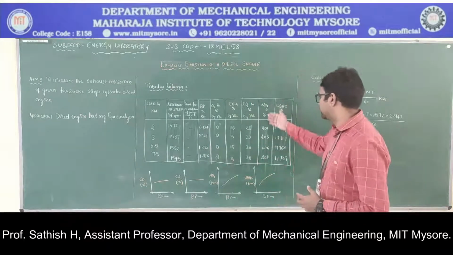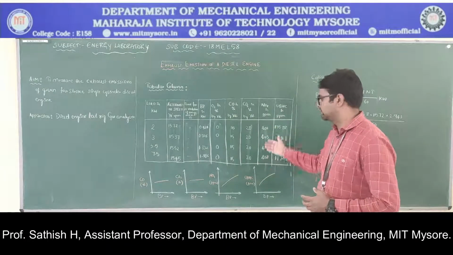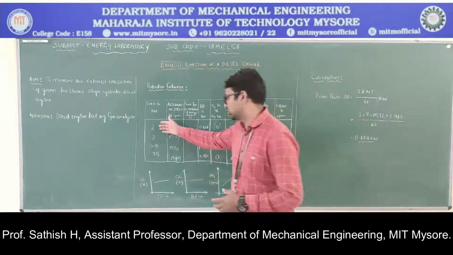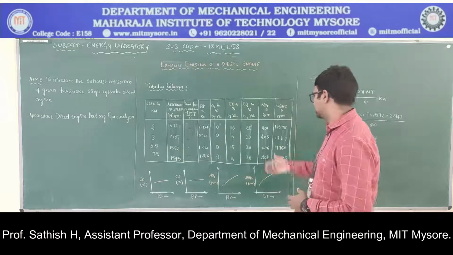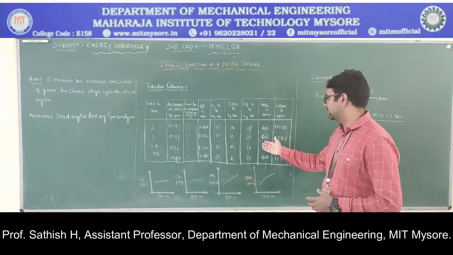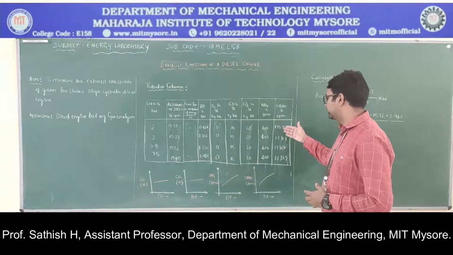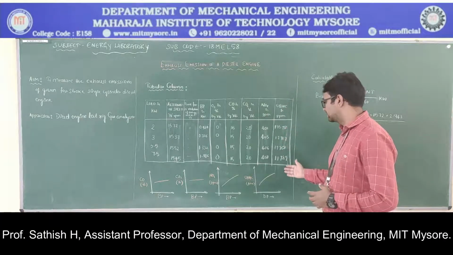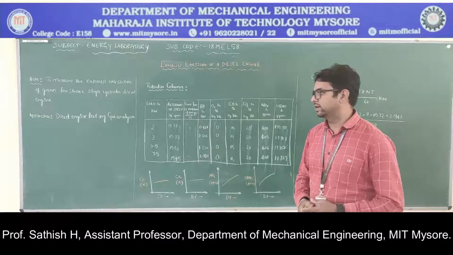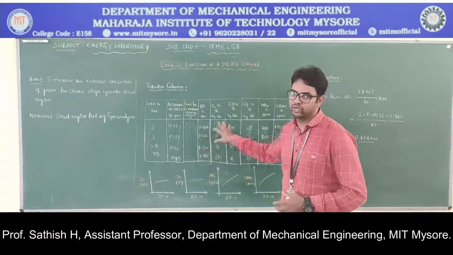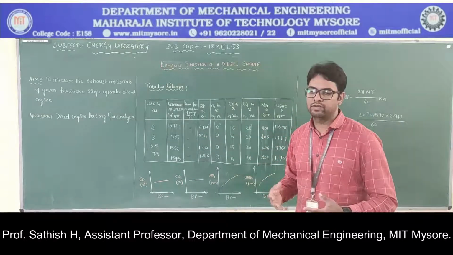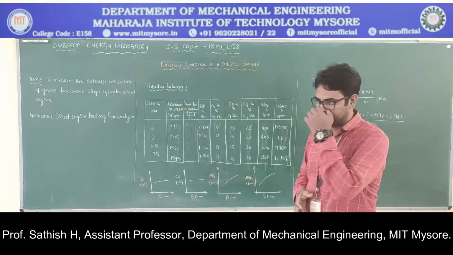Then we have NOx, which keeps on increasing as we increase the loading conditions. It is 401 for the first reading, 405 for the second reading. Unburned hydrocarbons also show an increasing trend. These are the values you need to note down from the gas analyzer.